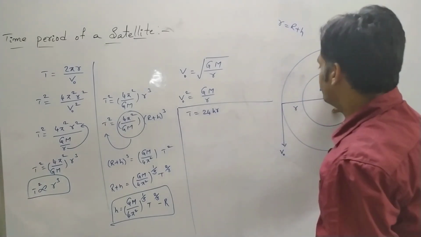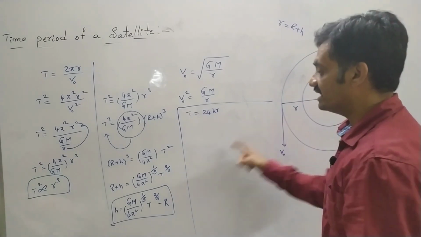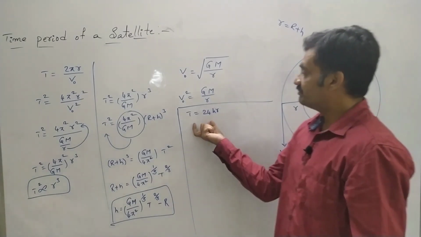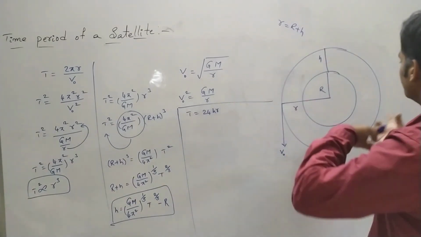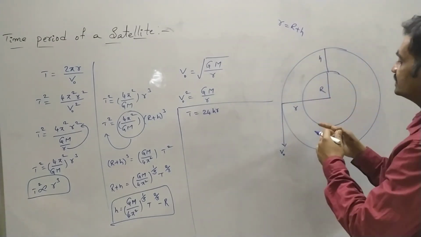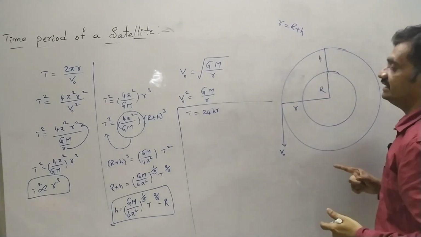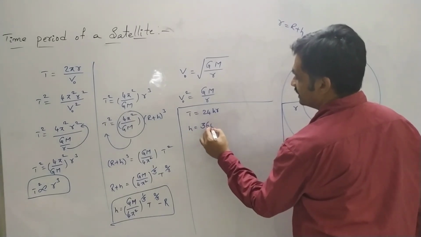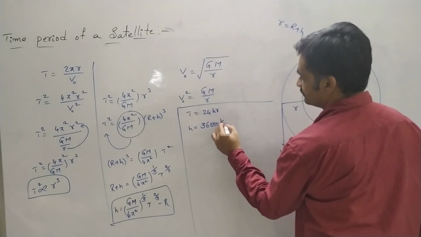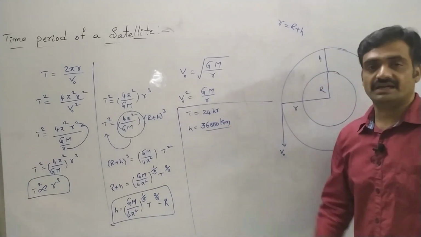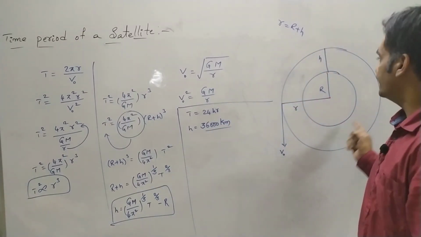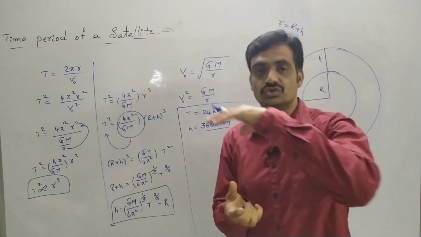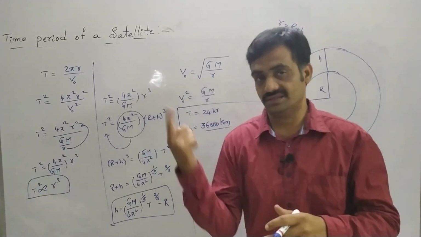If we consider this planet as Earth, the satellite has to go around the Earth in 24 hours. Means we have to place the satellite at a height of 36,000 kilometers. If you place it at this height, then this satellite takes 24 hours to complete one revolution around the Earth.